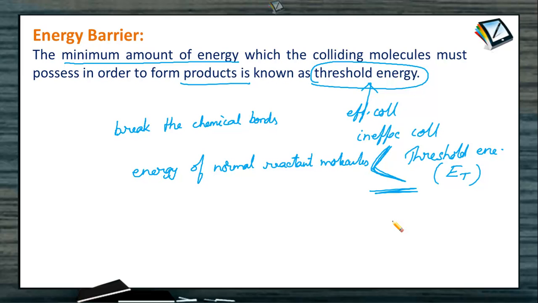Means under the normal conditions, as the energy of the reactant molecules is less than threshold energy, definitely even though they collide with the other reactant molecules, that will not lead to the formation of the products. So what do they need to do? Hence they need to acquire some additional amount of energy in order to make their energy equal to threshold energy.